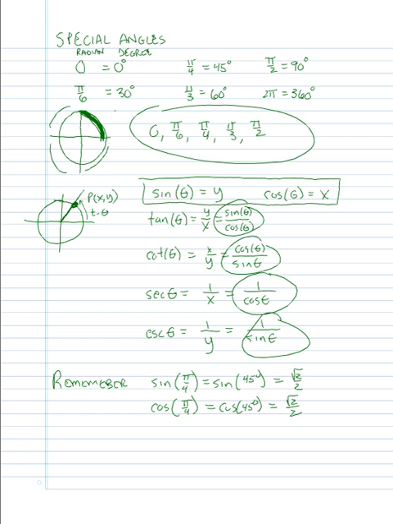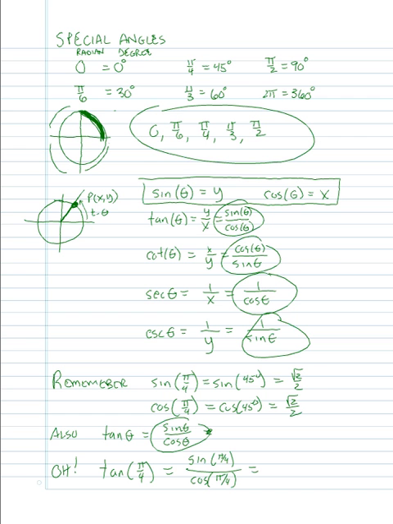Now, here's what else I need to remember. For instance, I need to remember that the tangent of theta is the sine of theta divided by the cosine of theta. If someone wants me to calculate the tangent of pi over 4, I remember that this is how I calculate tangent, so that's going to be the sine of pi over 4 divided by the cosine of pi over 4.